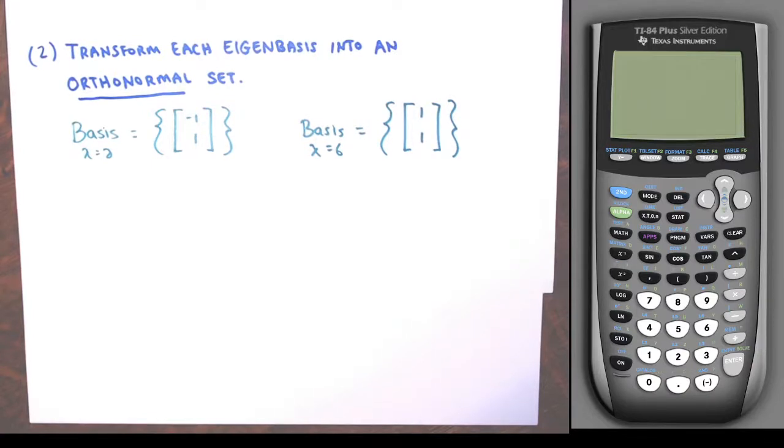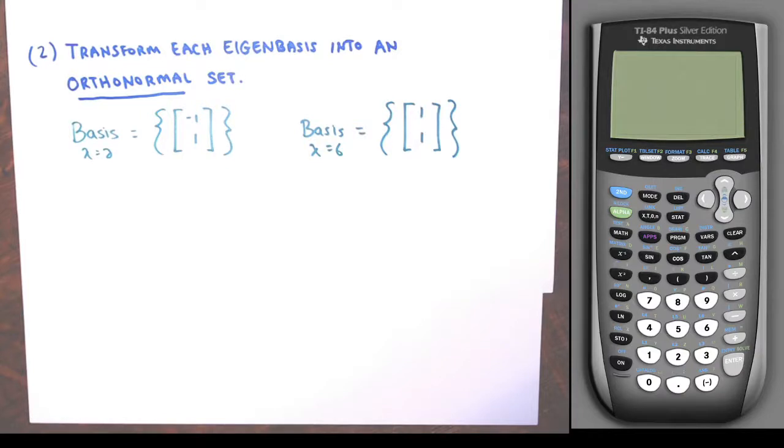This one's a nice example because each basis only has a single vector. So I don't need to go through and do Gram-Schmidt to these bases. That was really when you had a set of more than one vector that wasn't orthogonal. You could use the Gram-Schmidt process to transform it into orthogonal and then normalize each vector, right?